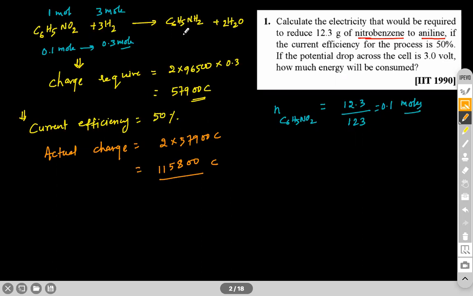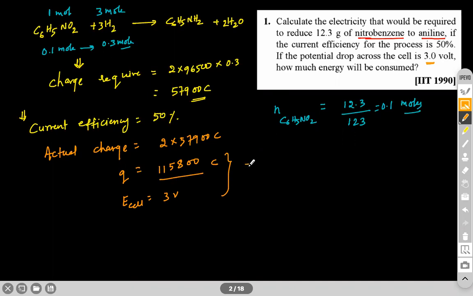Okay, now we have this charge, and this is the actual value of Q, and the potential difference is given, that is 3 volts. E cell is given as 3 volt, right?